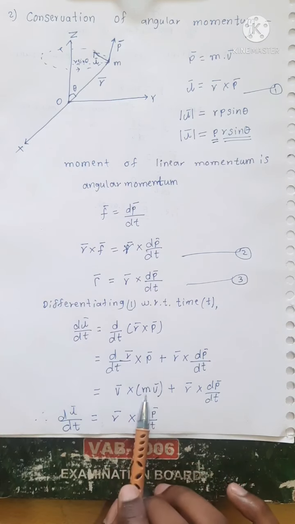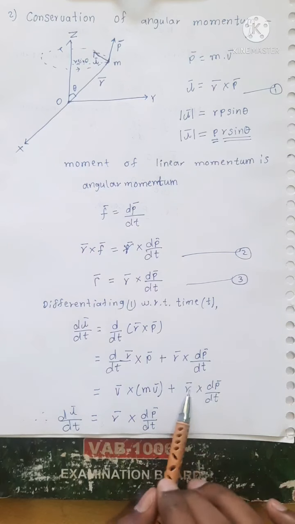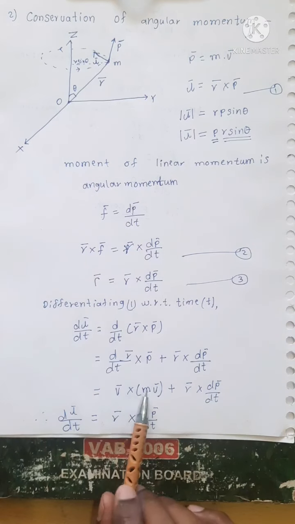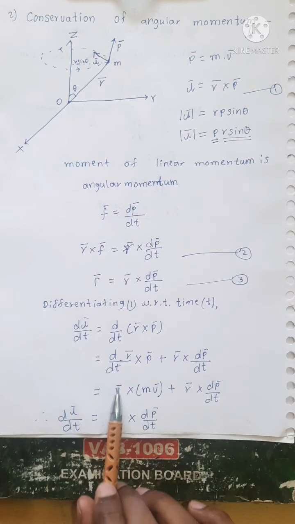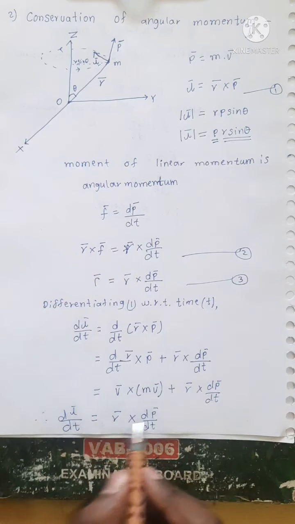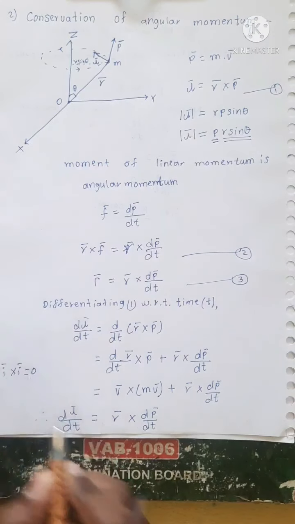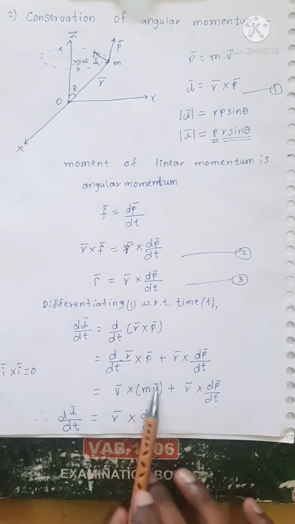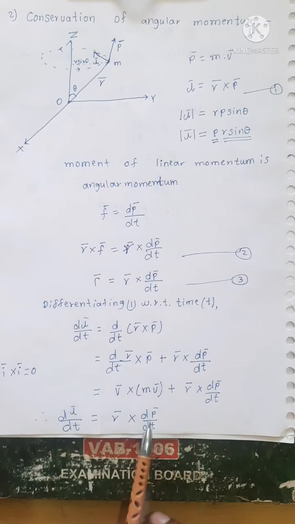And momentum is the product of mass and velocity. Now here it is a cross product of two vectors, and mass is a constant, so V bar cross V bar is nothing but zero, as we know. So this term gets cancelled out and we get dL bar by dt is equal to r bar cross dP bar by dt.